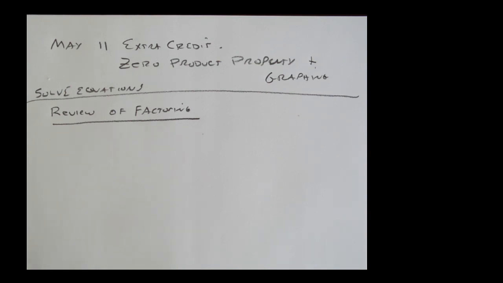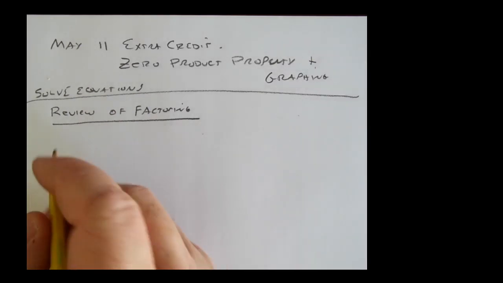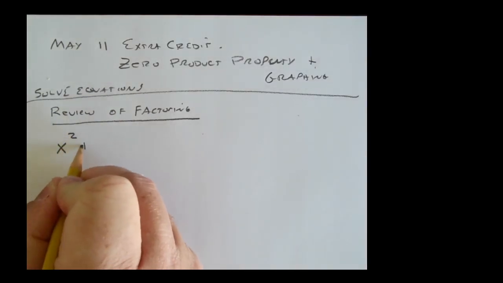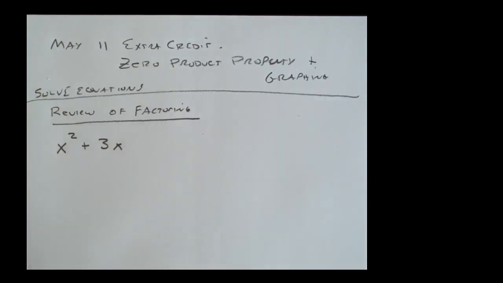As a short review of factoring, but this leads us into where we're going, I gave you an expression that looked like this, x squared plus 3x. And a few weeks ago I said, all right, factor that. What's in common? That's the strategy you need for this type.